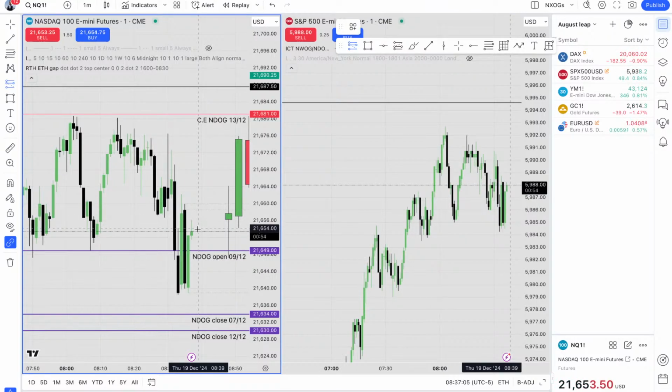Stick to your rules. Only enter when in the micro, even if you're watching and it can deliver to where you want. But trust me, if it doesn't, not entering the trade just feels good.